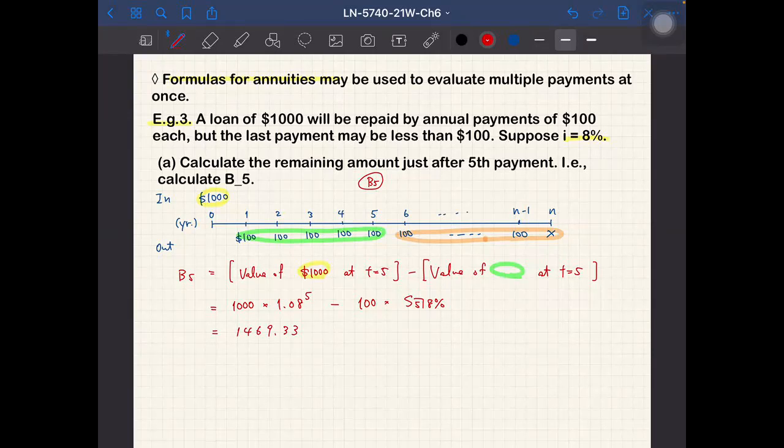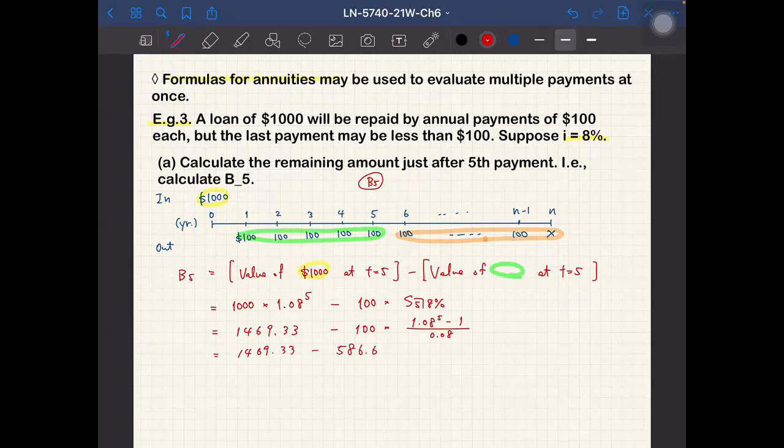And the next one is 100 times (1.08 to the 5th power minus 1) over i, so over 0.08. This is actually $586.66.